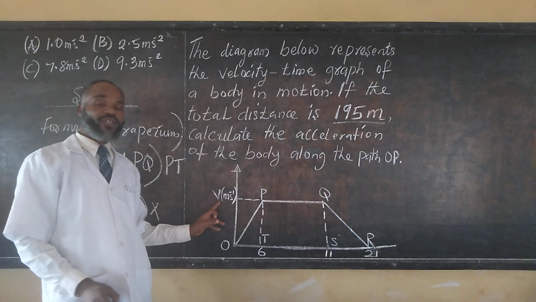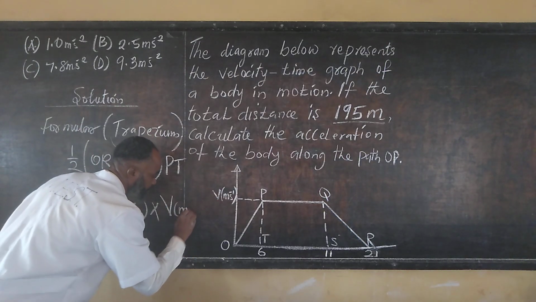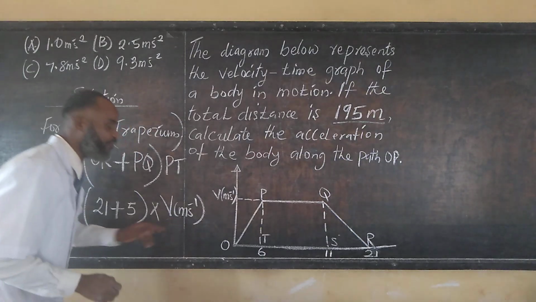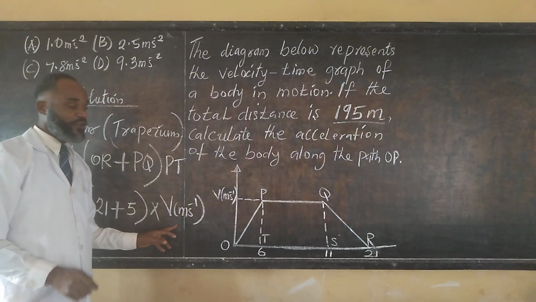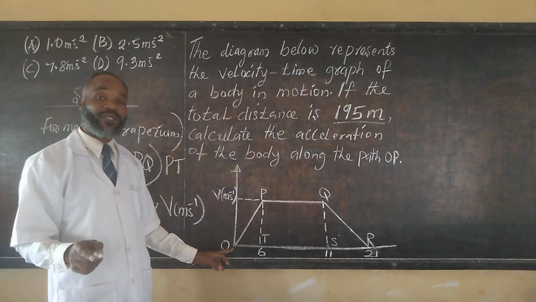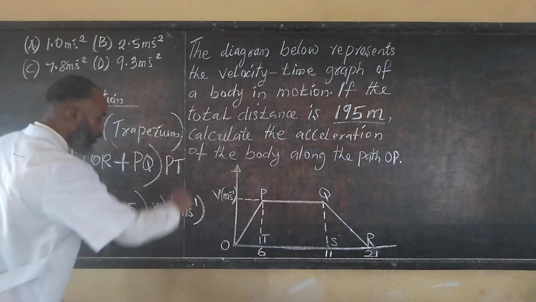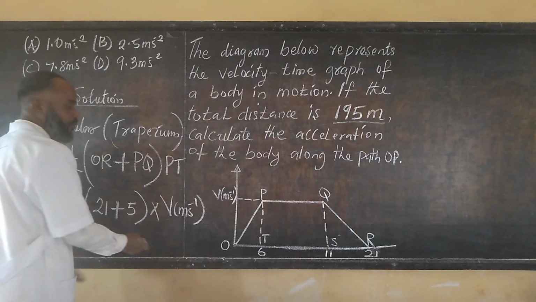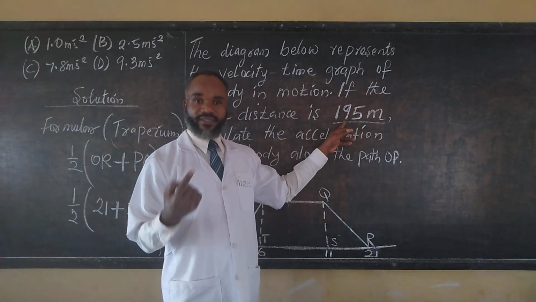PT is the one not given. That means it is the velocity measured in meter per second. That's what we're looking for. We must find this to be able to calculate the acceleration along this path OP. So what do we do? We equate it to 195, being the total distance given.